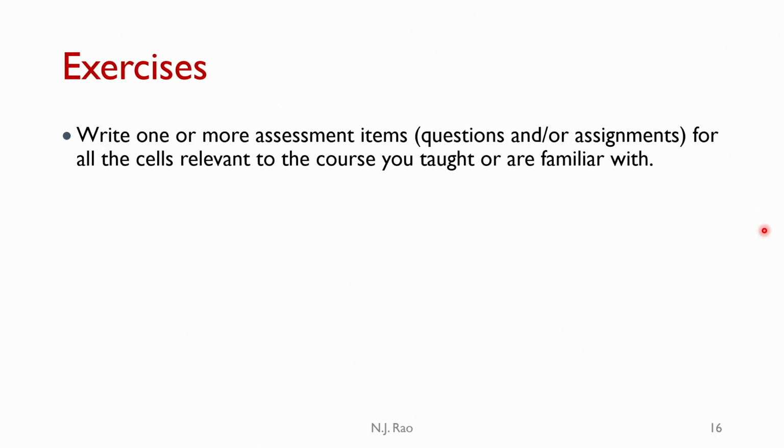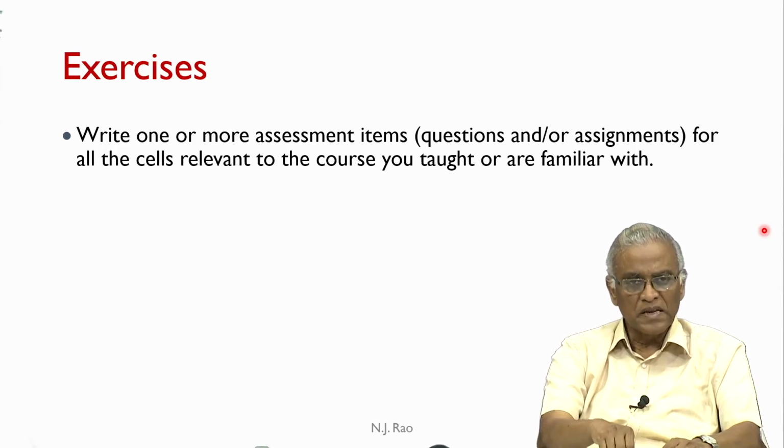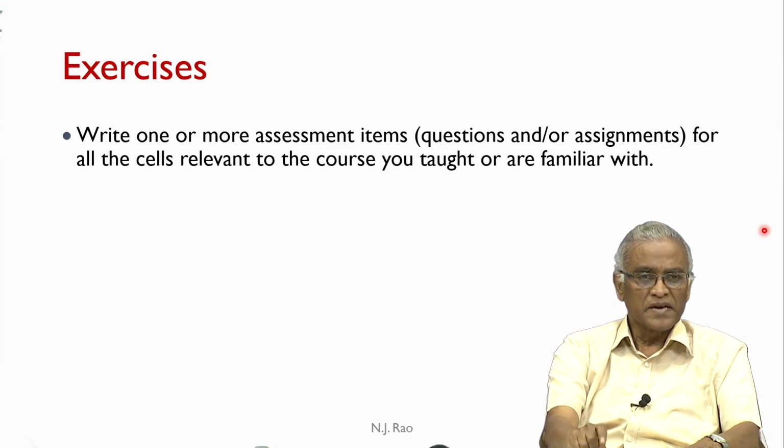Write one or more assessment items. This is more for practice. I write an assessment item, that means a question or an assignment, and based on the statement that you make, you should be able to identify the cell address of that.